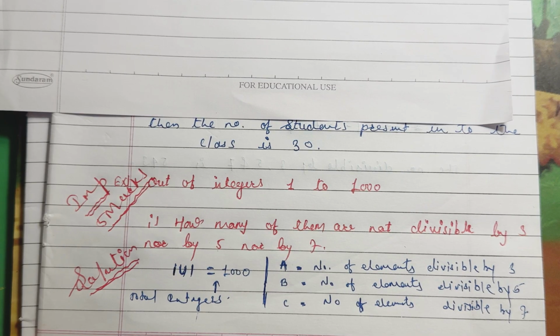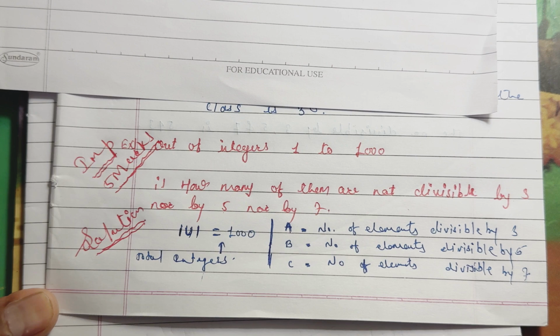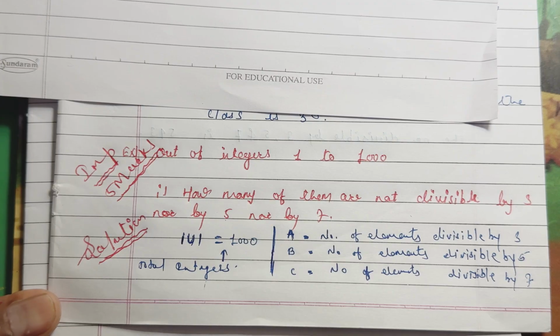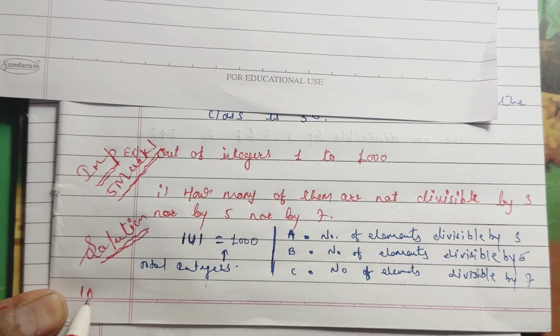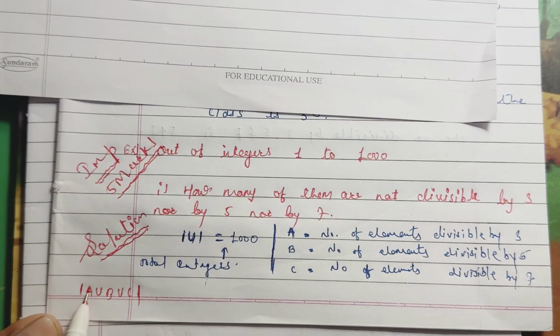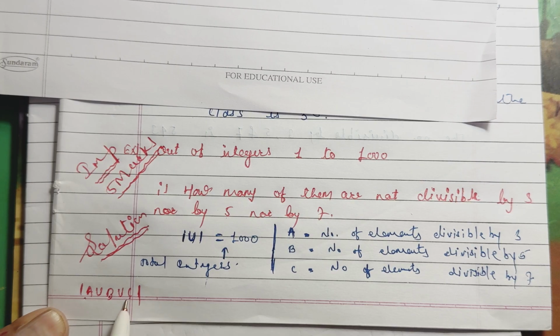First of all, we are going to find the number of integers divisible by 3, by 5, and by 7. That means we want the cardinality of A union B union C, taking the union of all these sets.